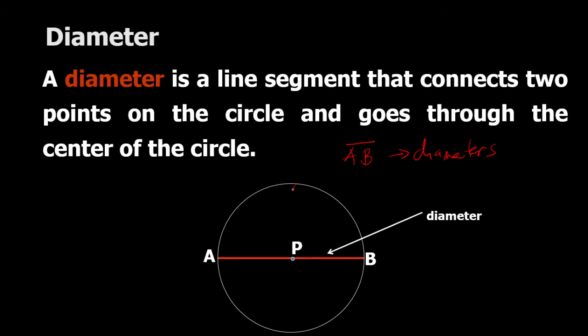Say, let's draw another one. Say this is line segment DC. Line segment DC is not a diameter. Why? Because it does not pass through the center.